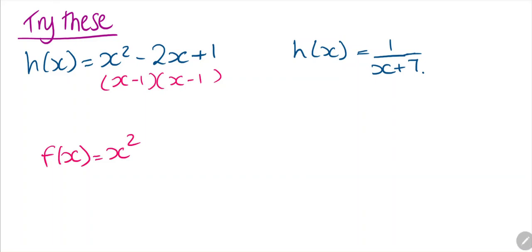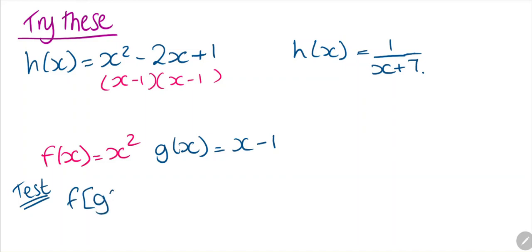So we can put g of x equal to x minus 1. So if you substitute this in, let's test it out. So our f of g of x. So if you put g, we're going to have x minus 1 squared.